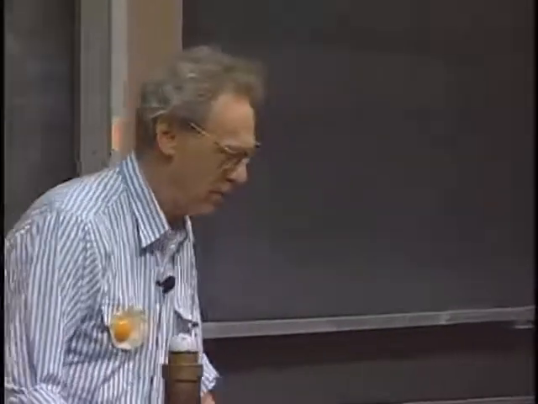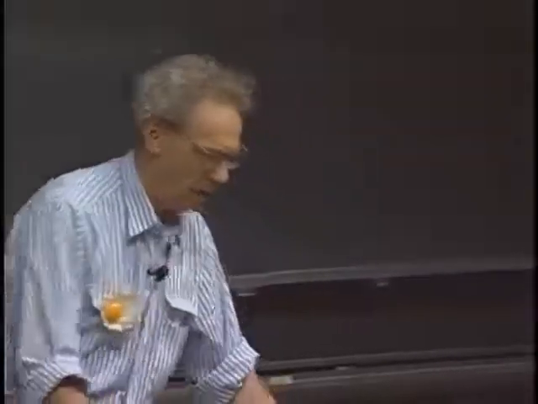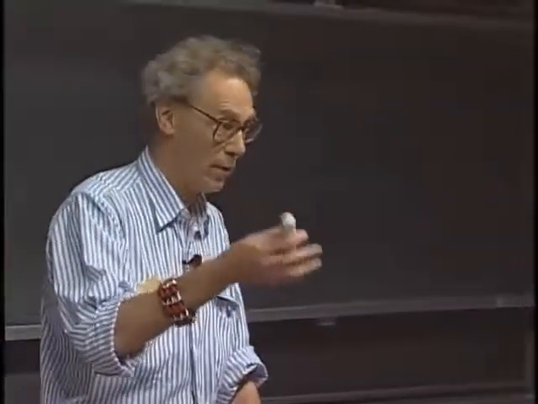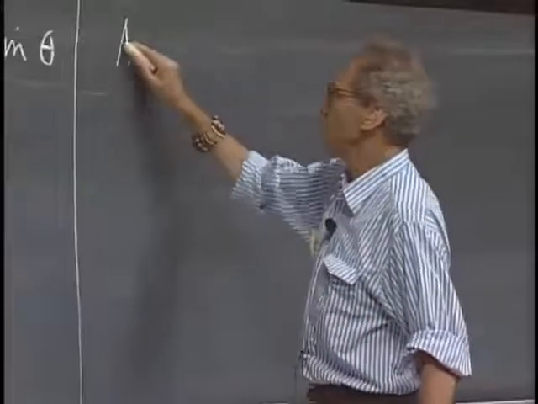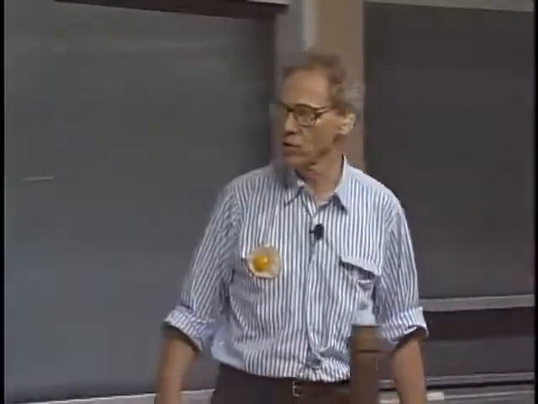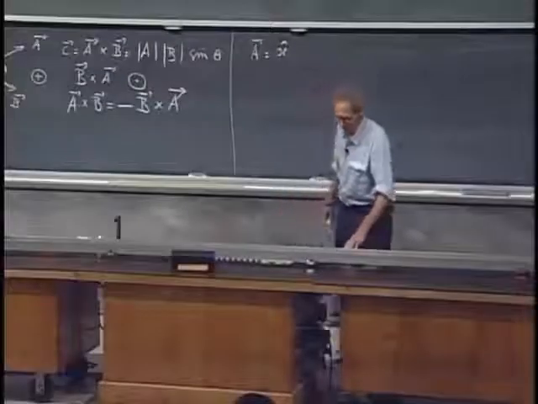Let's take an extremely simple example. Again, I don't mean to insult you with such a simple example, but you will get more advanced chances on your assignment. Suppose I gave the vector A is x roof. It's a unit vector in the x direction.